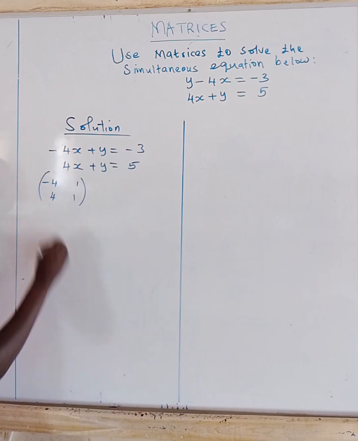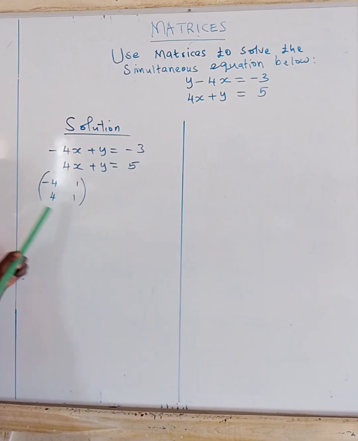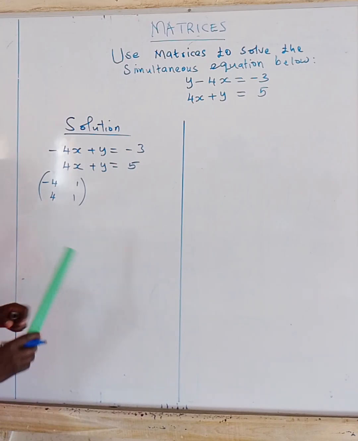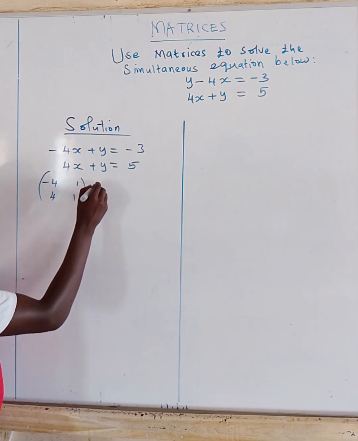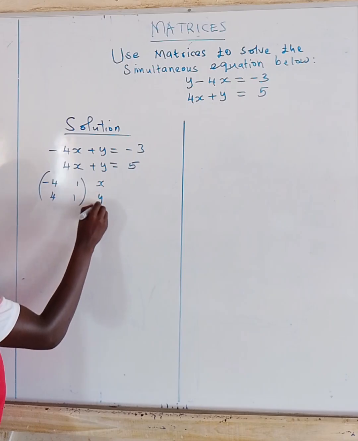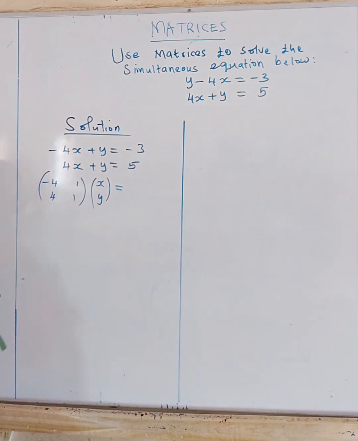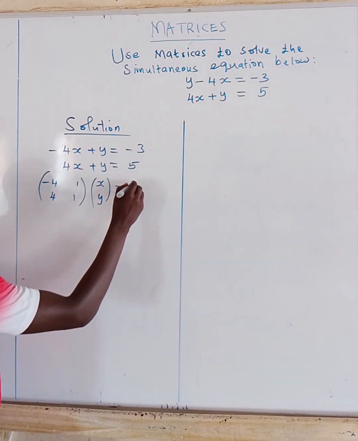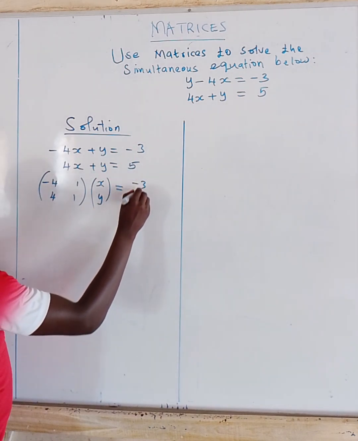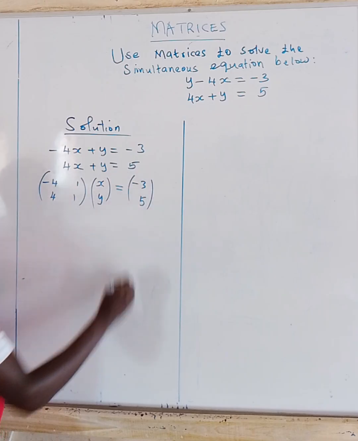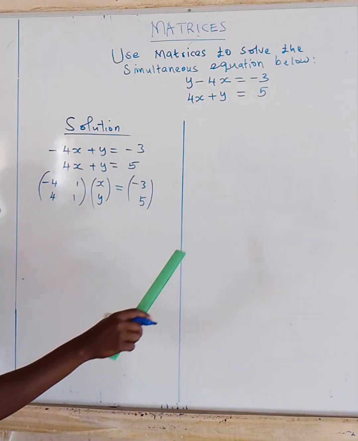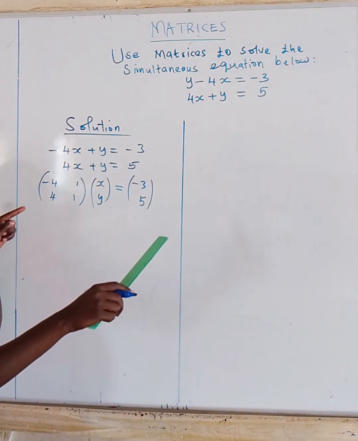So that is our coefficient matrix. Then we multiply by the variable matrix. The variables here are x and y. And we equate it to the constants matrix, which is negative 3 and 5. So this is the matrix equation now.